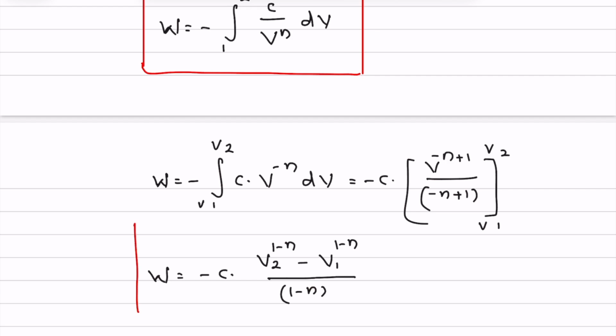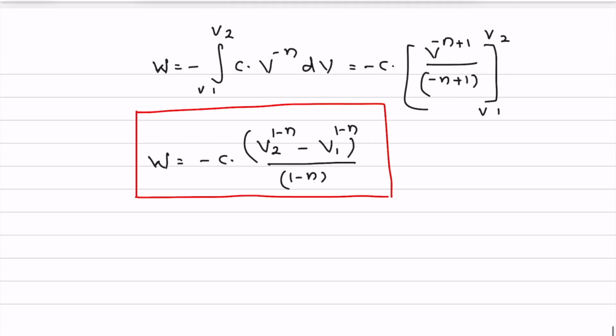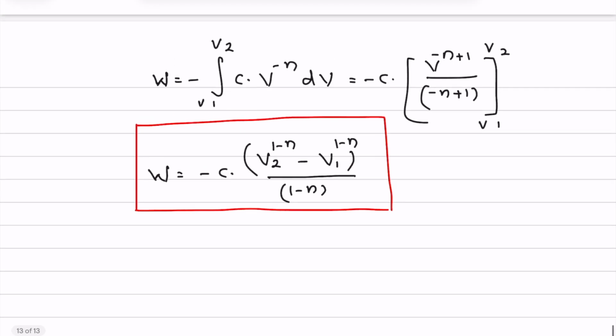This equation we have already used in the previous calculations. It's very simple to derive when you know. This minus C is from PV to the power of n. What is the constant value? From the given conditions we can definitely come to know that. How to find out the constant value I have also explained in the problem. Please see that video.